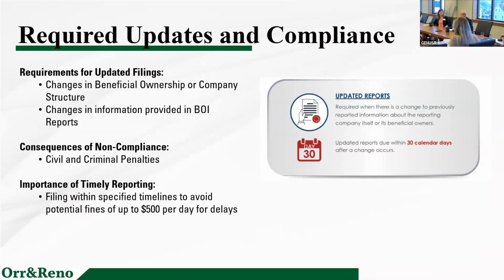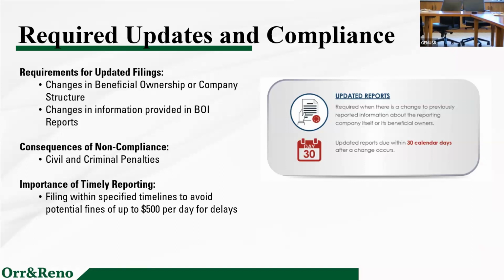And with all of the reporting, you're required to update any filing for a change in the beneficial ownership or company structure, and also changes in information provided, such as addresses, passport numbers, things of that nature, names if people get married, etc. And so that can be quite burdensome.